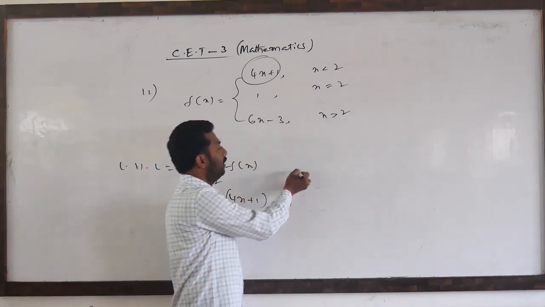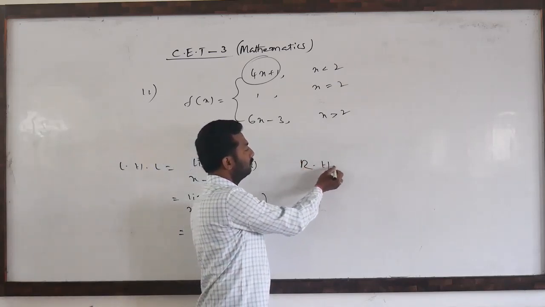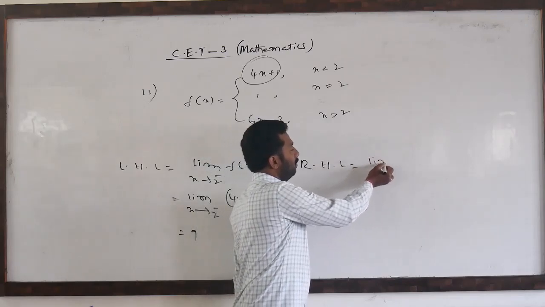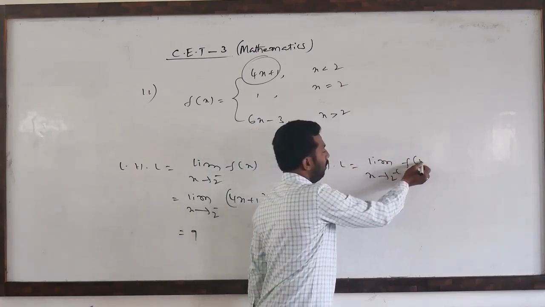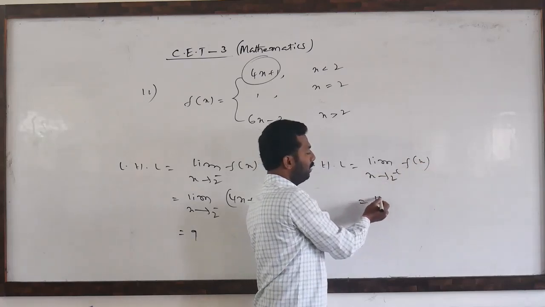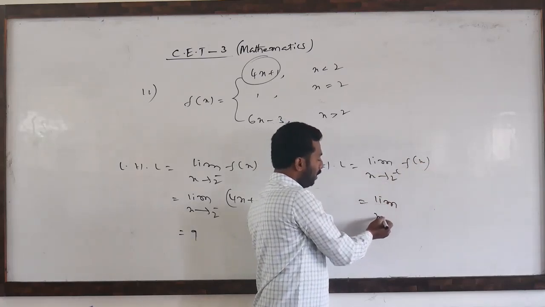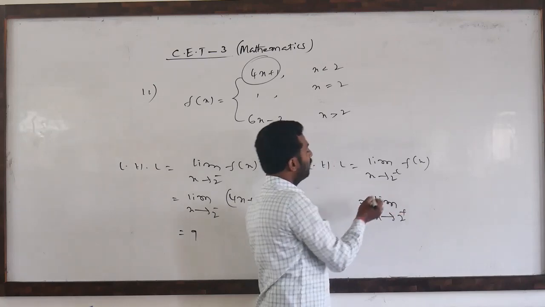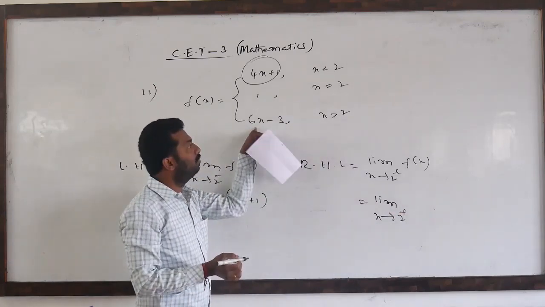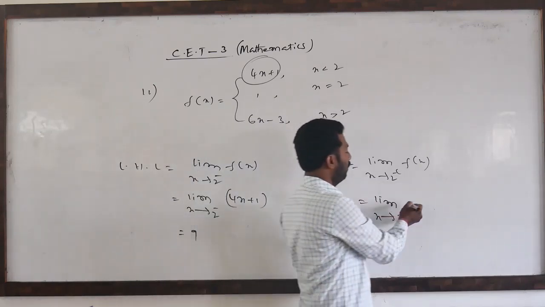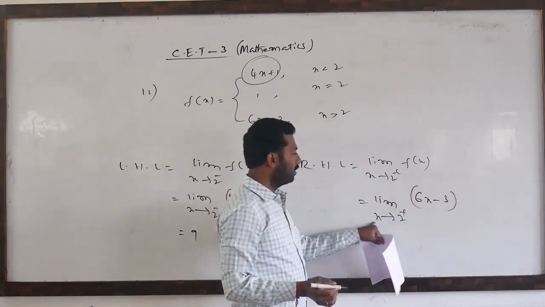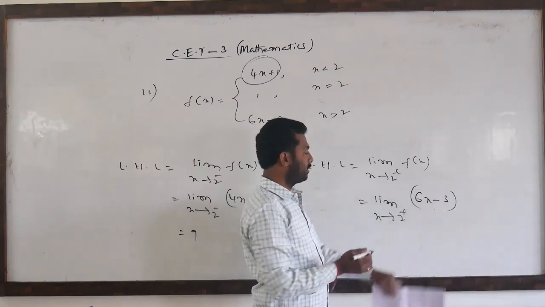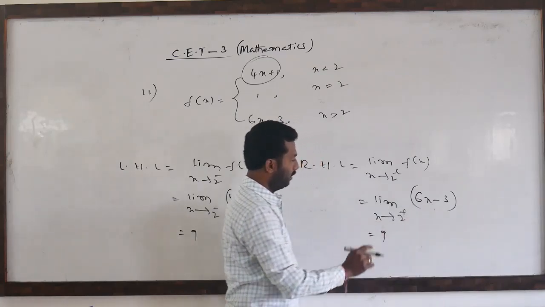Right hand limit: limit x tends to 2 plus f of x. More than 2 means 6x minus 3. Again putting x equal to 2, this is 12 minus 3, nothing but 9.